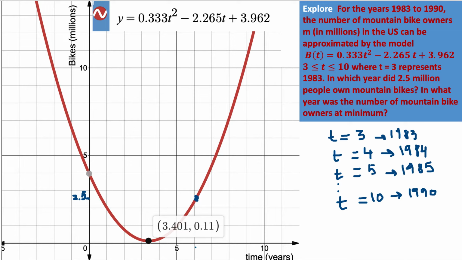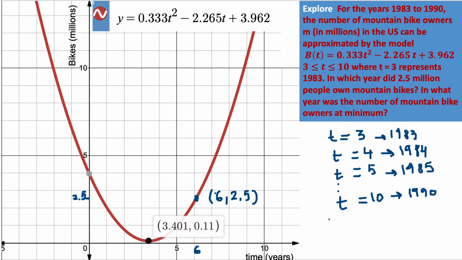This represents in what year, for example, there are 2.5 million. If I go down, roughly it is going to be 6. And what does it mean? It means that 6 represents 1986. In 1986 there are 2.5 million bikes.